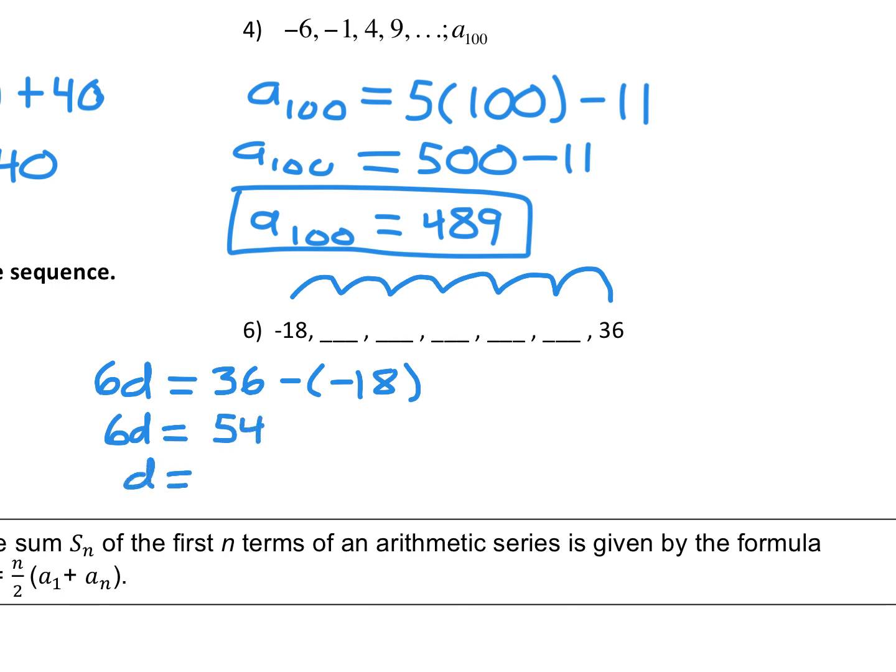So each common difference is 9. And now let's just go to the blanks and add 9 to the previous term. Negative 9, 0, 9, 18, 27. And you could check your work by, if you add 9 again, you do get 36.